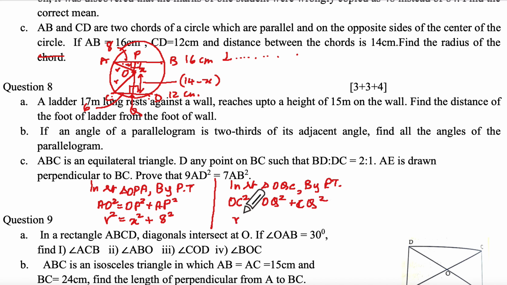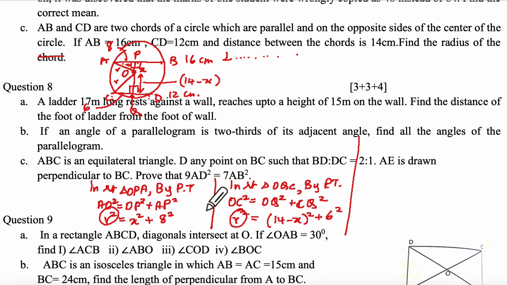OC square means R square is equal to OQ is 14 minus x whole square plus CQ square is 6 square. Okay, now you will have to first find x and then find r square.